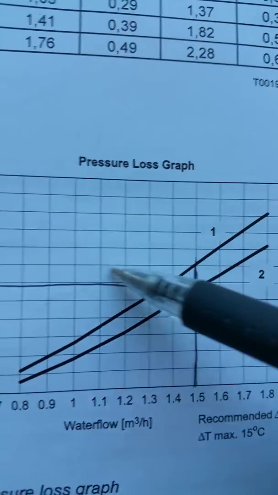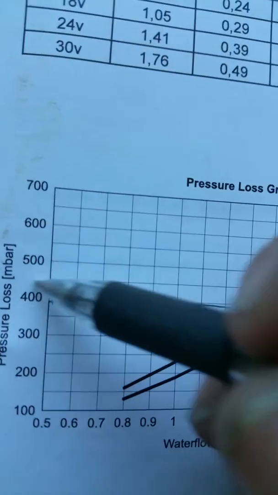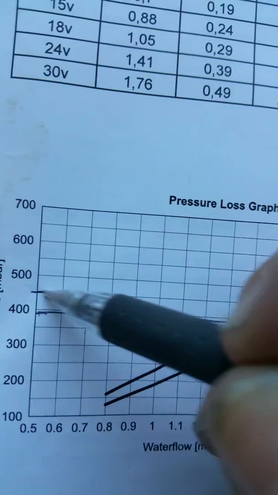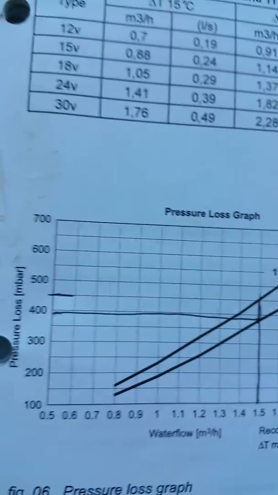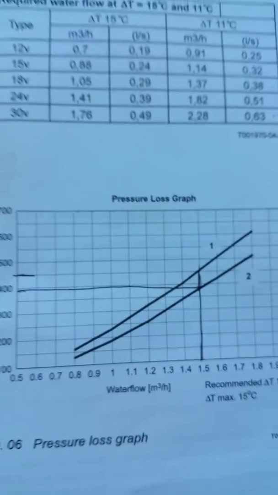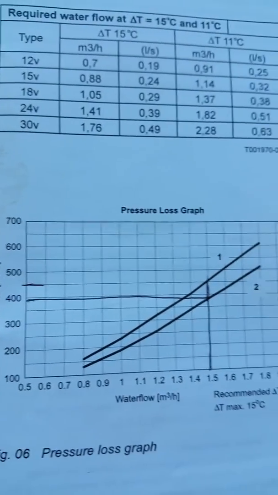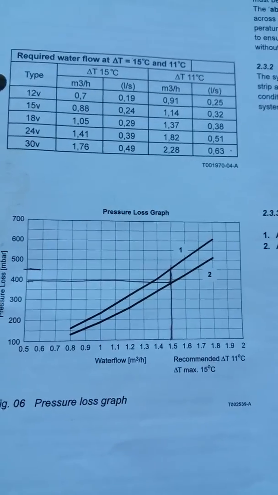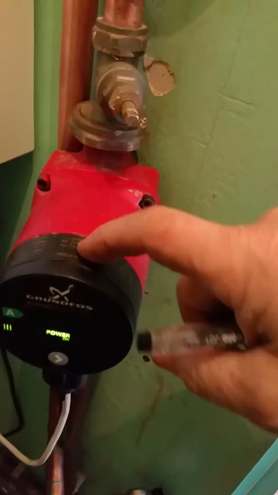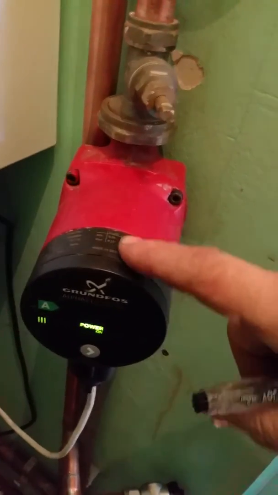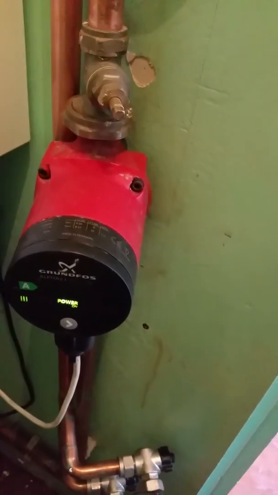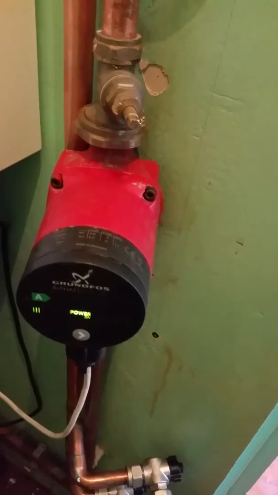So at full output, I need 4.5 meters of head just to overcome the resistance in my heat exchanger on the boiler. And it's fitted with a 1550 pump, which means I've got a residual pump head of 0.5 meters. What chance have I got of getting the system to work on 0.5 meters?